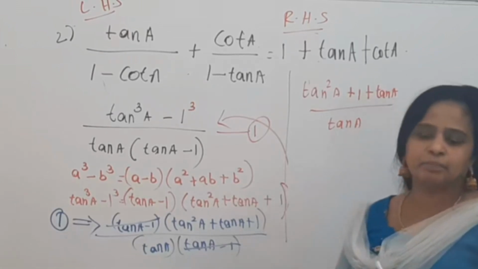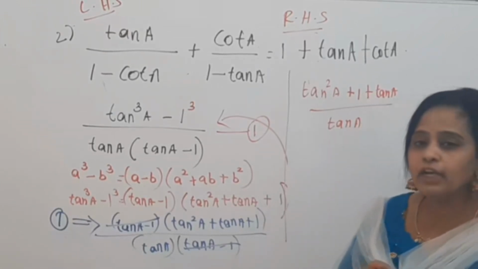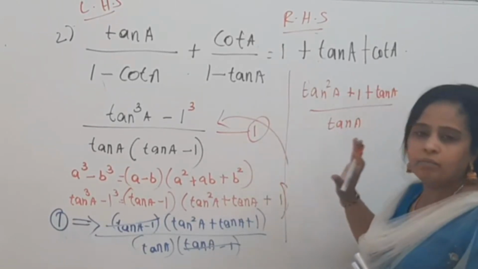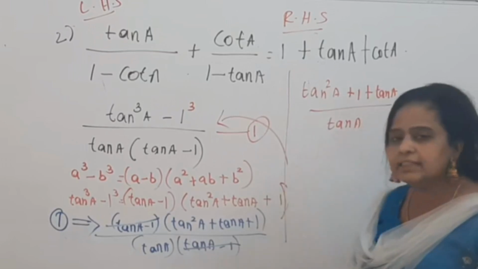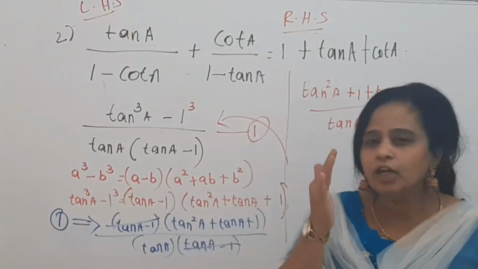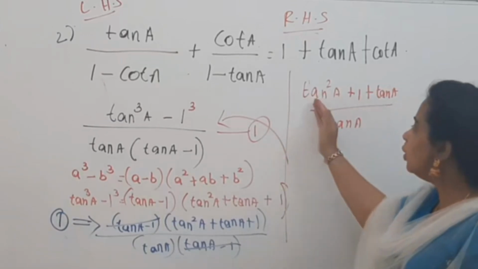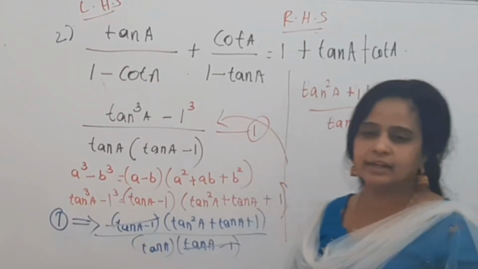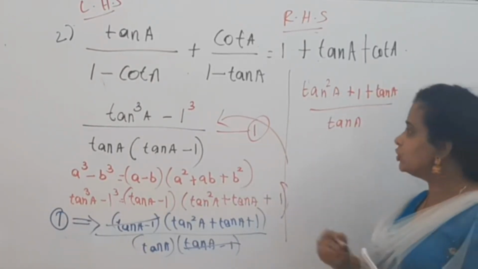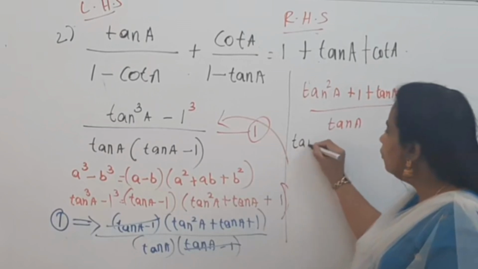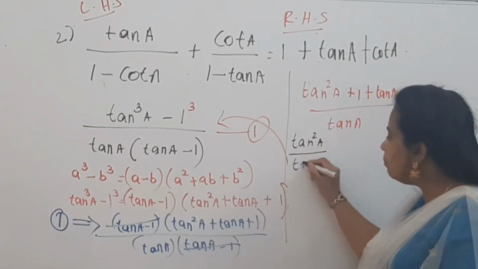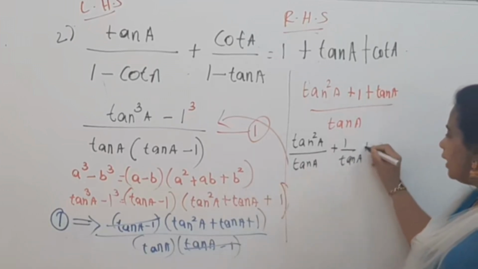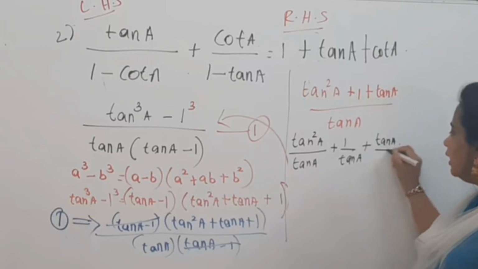Here is the third tip I give you: whenever you have only one single term in the denominator, the overall fraction, the ratio, with only one single term, most of the time you have to separate each term with the denominator of that single term. This is the next hint from that chapter. So what I am going to do here is separate tan square a by tan a plus 1 by tan a plus tan a by tan a.